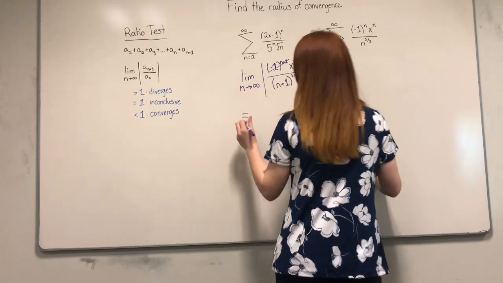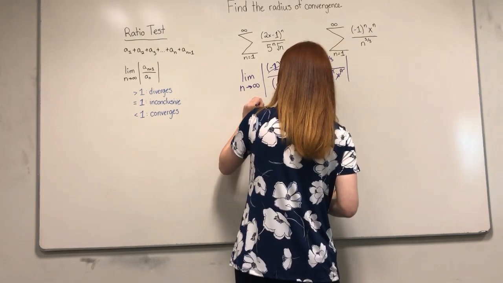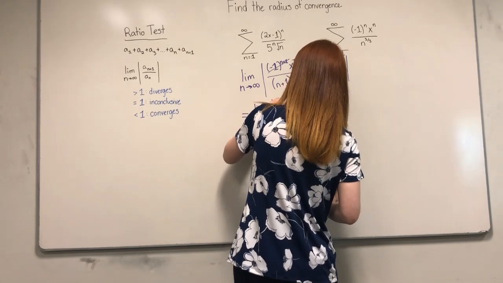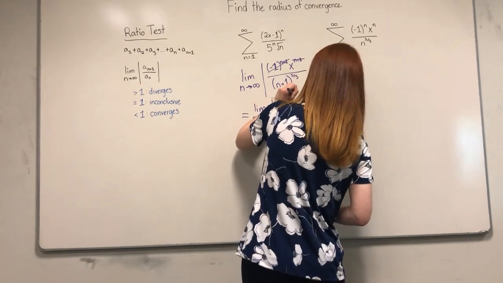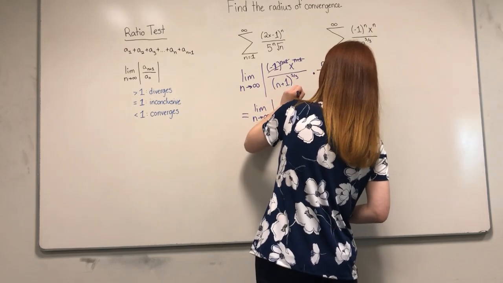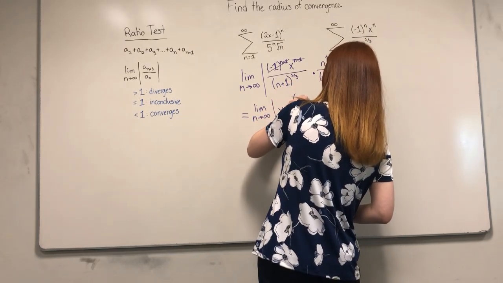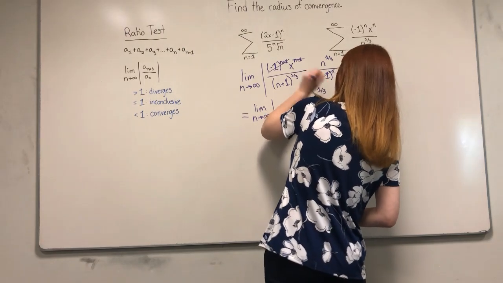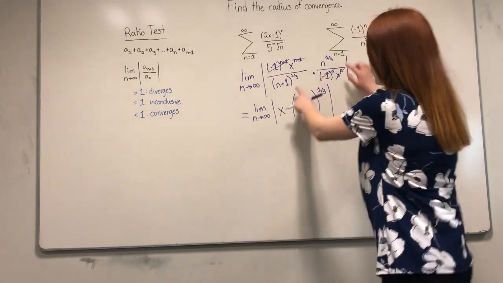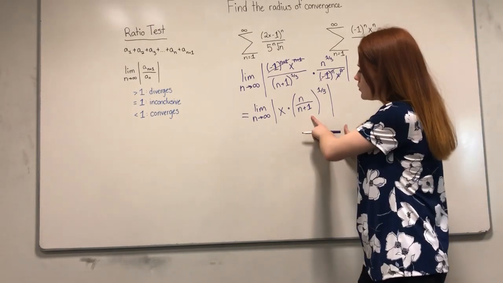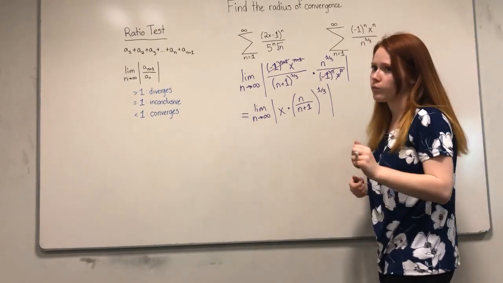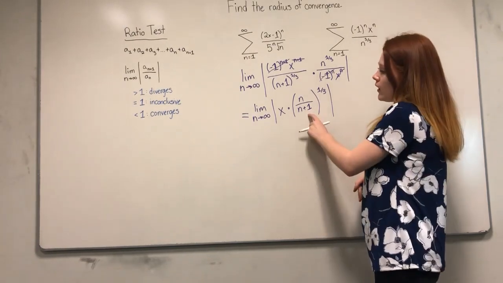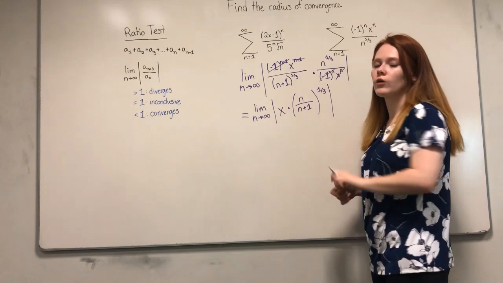We're left with the limit as n goes to infinity of x times, and I'm going to write this as a quantity, n over n plus 1, because these are both to the third power, like that. And so it's going to be like the first problem, and you feel free to check me and plug in values for n, but again, this is still going to go to 1.